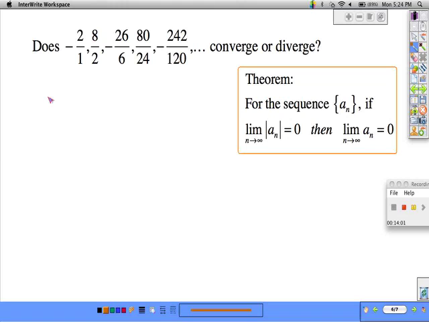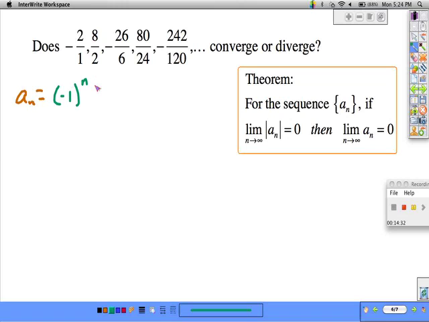So let's look at a rule for a sub n. Since they're alternating terms, we need -1 to a power, and we can either use n or n plus 1, determining based on what we need for the first term. The first term here is negative, so we want -1 to the first. We want -1 to an odd power.